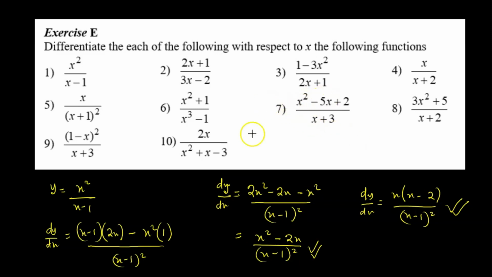Let me take, let's say, example number 6 into consideration. You can try your hands on all of them, but let me try example number 6 with you.